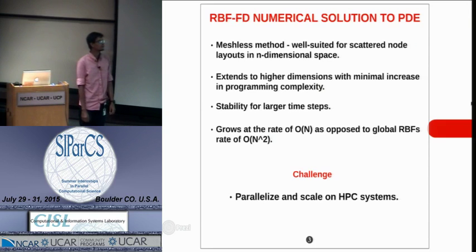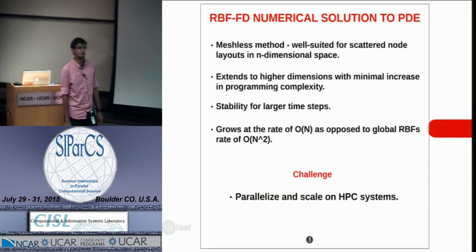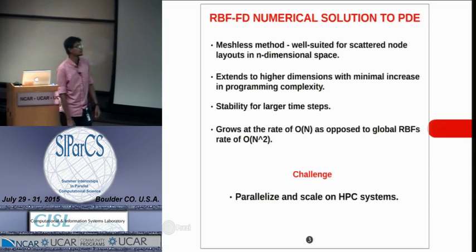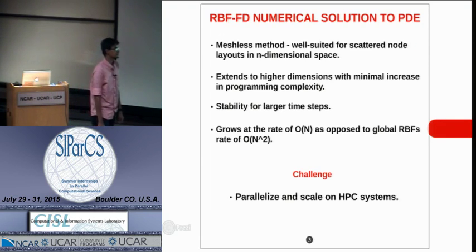We have two different RBF methods, global RBFs and RBF-FDs, which are local. They use local approximation as opposed to global approximation using all the nodes in the domain, so they grow at a smaller rate as compared to global RBFs. But the challenge here is to parallelize and scale them on HPC systems.